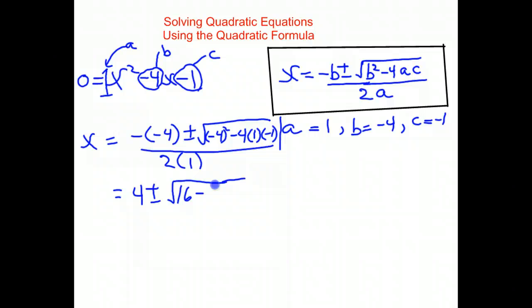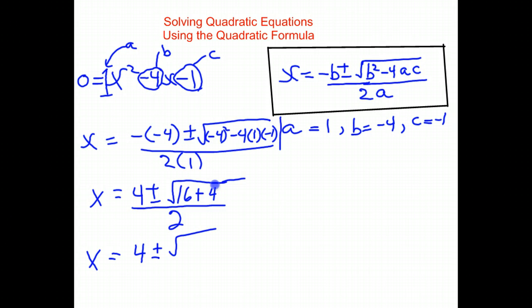So we have 16 plus 4, over 2 times 1, which is 2. And just to continue this, we have x is equal to 4 plus or minus the square root of 20 over 2. And that is our solution.